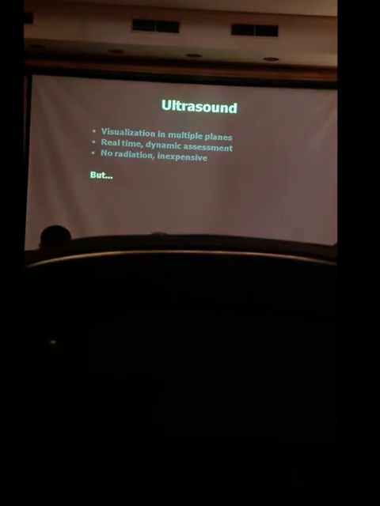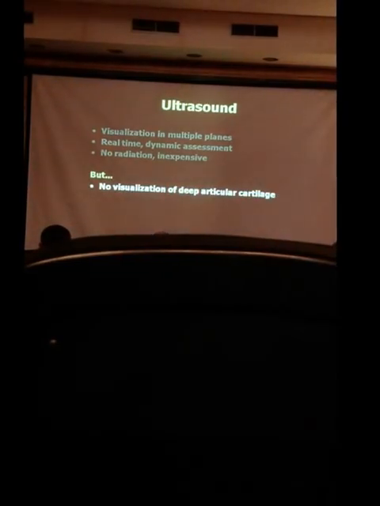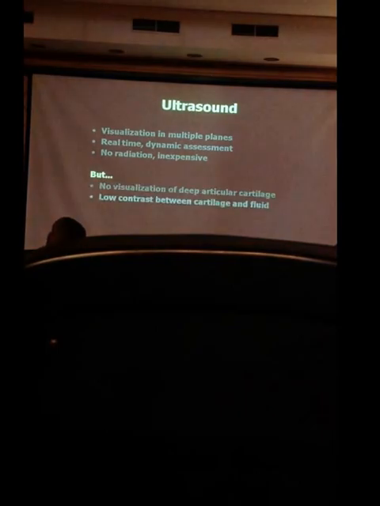The problem of ultrasound in assessing cartilage is there is no visualization of the deep articular cartilage. We don't have very nice acoustic windows when we perform ultrasound of the joints. So we cannot really see what's going on in the whole cartilage, especially the very deep cartilage. We're not seeing the whole picture. Another problem is we have very low contrast between the cartilage and the synovial fluid.